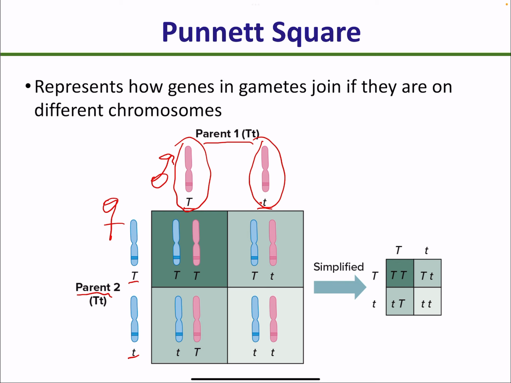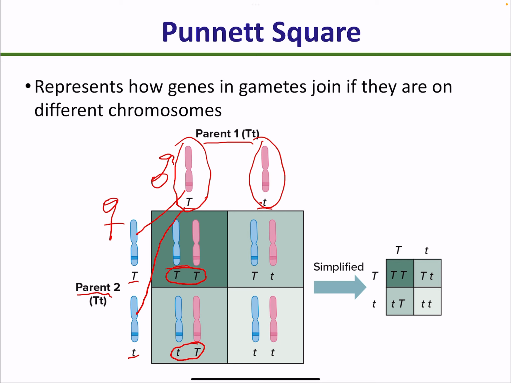This sperm cell is going to fertilize this egg cell so that you have this individual with capital T, capital T. Now, this sperm cell can very well fertilize this egg and have capital T, lowercase t.